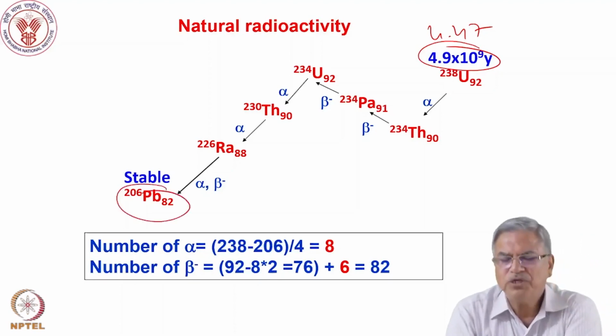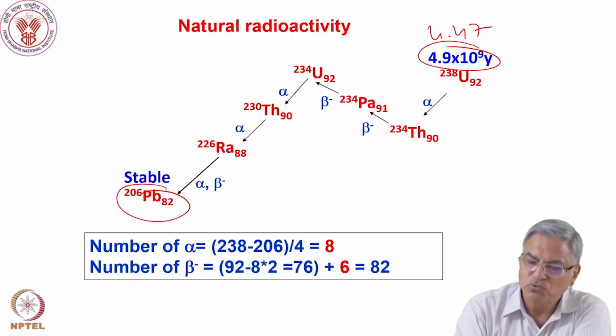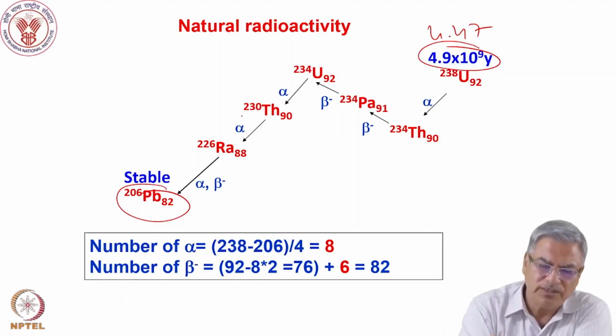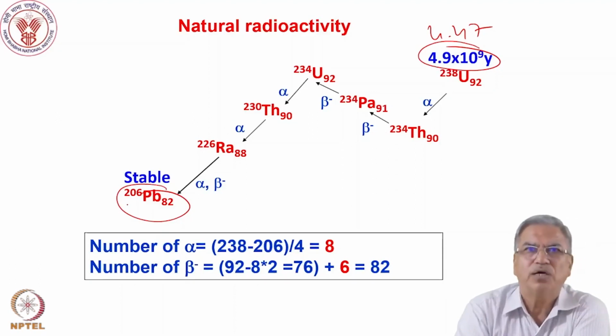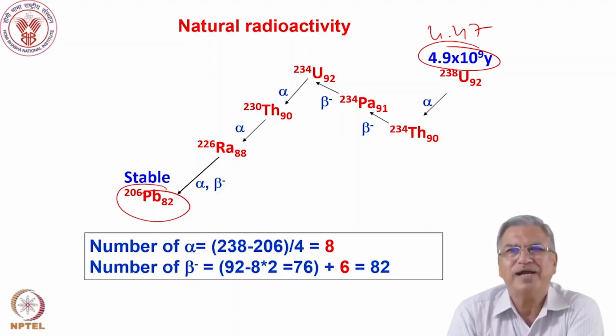Now, one common thing you will find in this natural radioactivity series is the mass numbers: 238, 234, 234, 230, 226, and so on. So many isotopes are formed in this series, and all of them follow a particular formula. You can write this as 4n plus 2, where n is an integer.